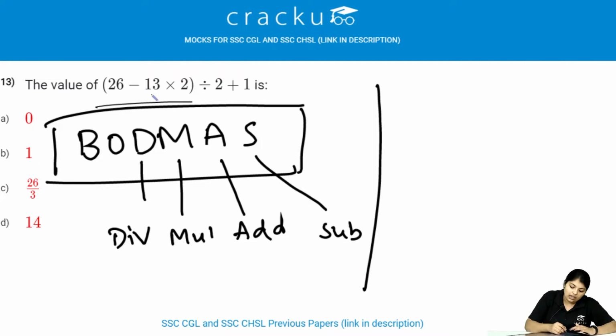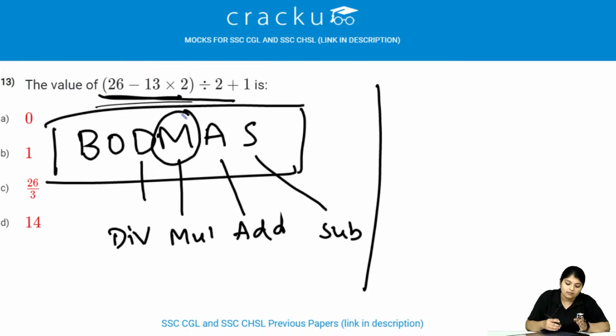Okay. So in this one, first we have to solve the bracket one. See, does subtraction come first or multiplication? Multiplication comes first according to BODMAS. So it is 26 minus 13 into 2. 13 into 2 is 26.